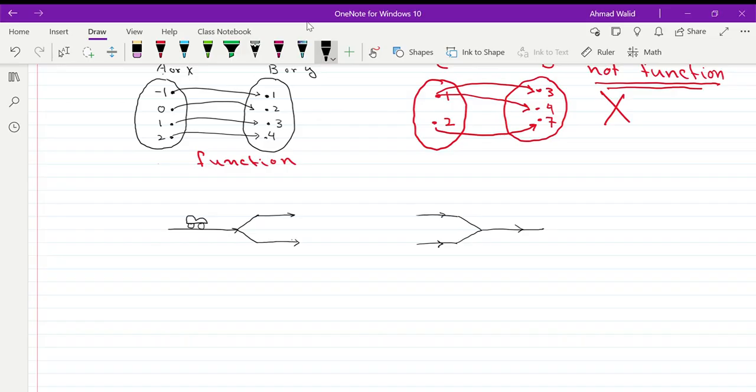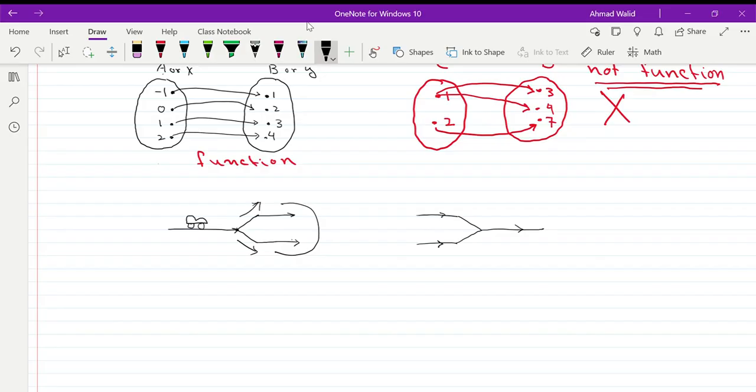Is it possible for me to drive my car at the same time on both of these roads? When I reach this point, go to this road and go to this road, is it possible to do at the same time? The only way is to cut my car in two pieces, send half of my body with my car to one road, and the other half to another road.